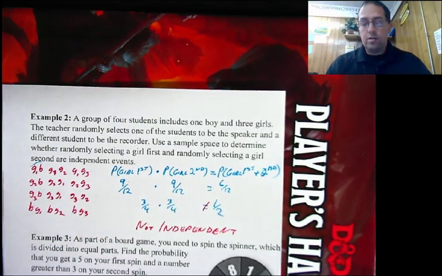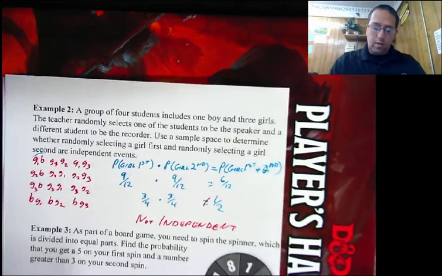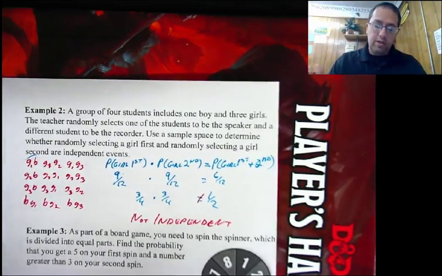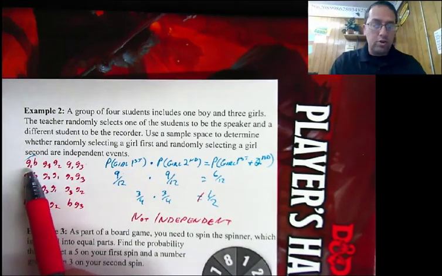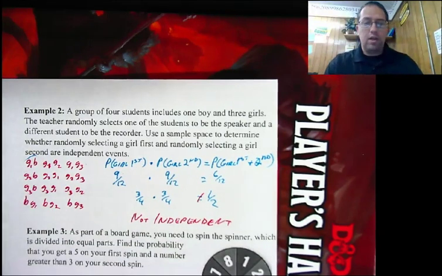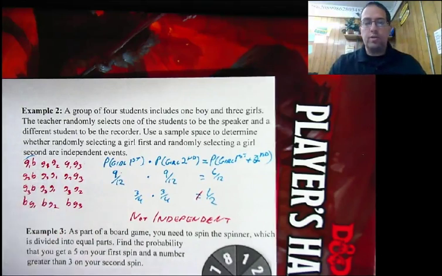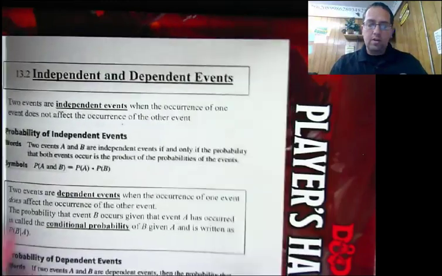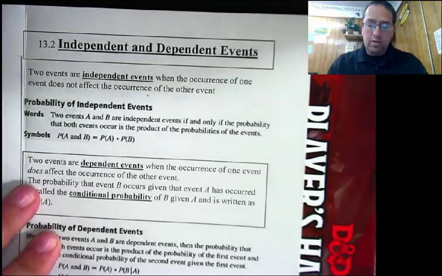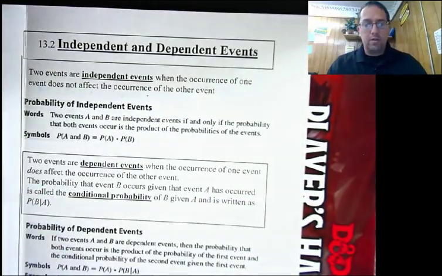The reason for that is because if you choose that girl first, you can't choose that girl to go second, can you? So who you pick first has an effect on the second event. Those are called dependent events.